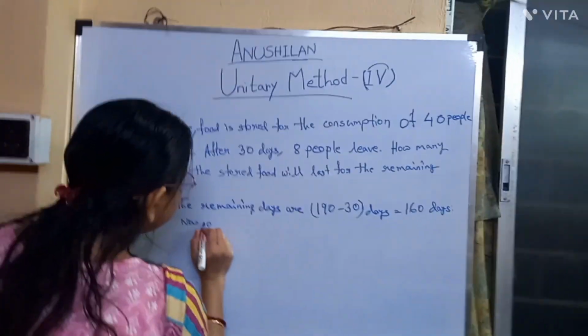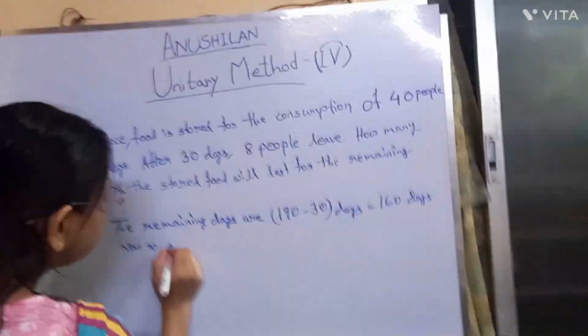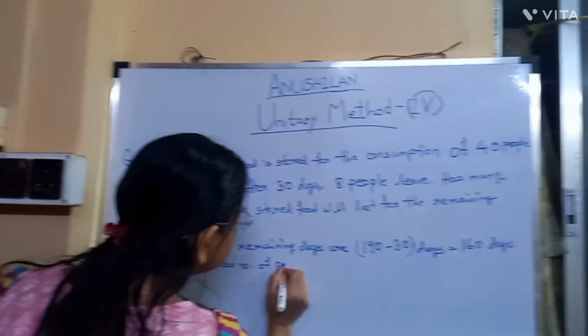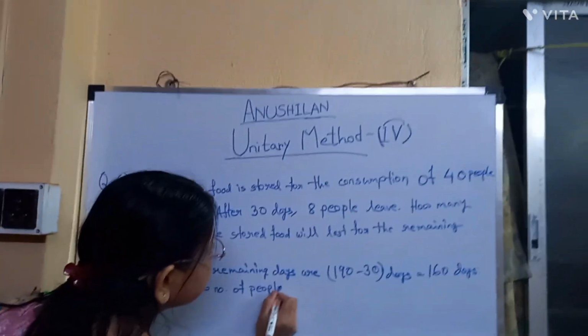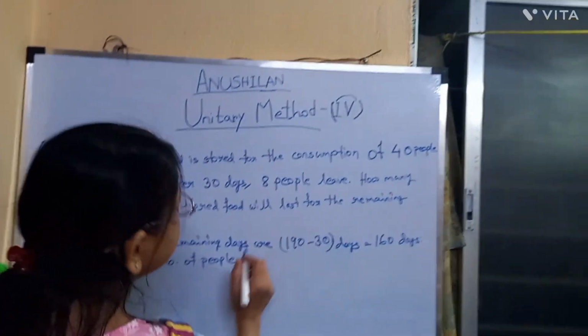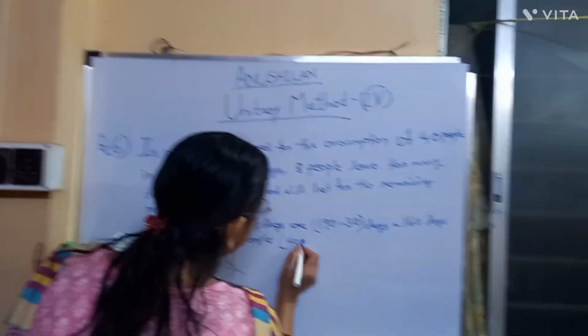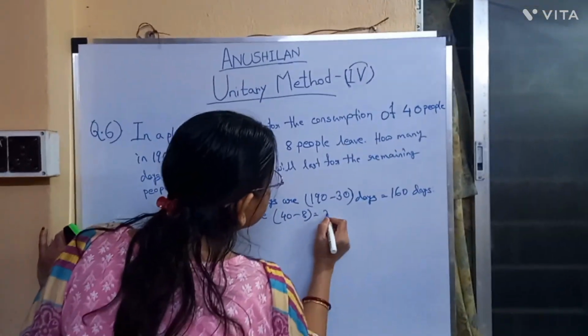Now number of people. 8 people leave, then 40 minus 8 equal to 32.